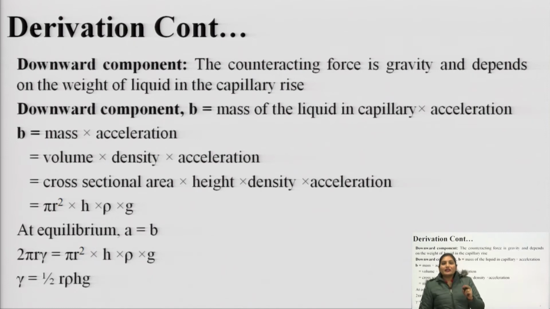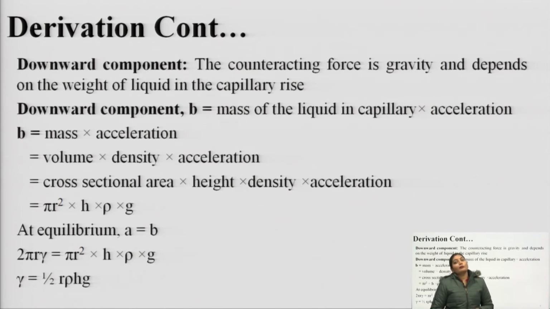Okay. So, what is the downward component? It is the counteracting force, that is gravity, and it depends on the weight of the liquid in the capillary rise. Okay. The upward component is due to the surface tension of the liquid, and the downward component is due to the force of gravity, and it will depend upon the weight of the liquid in the capillary tube. Okay.